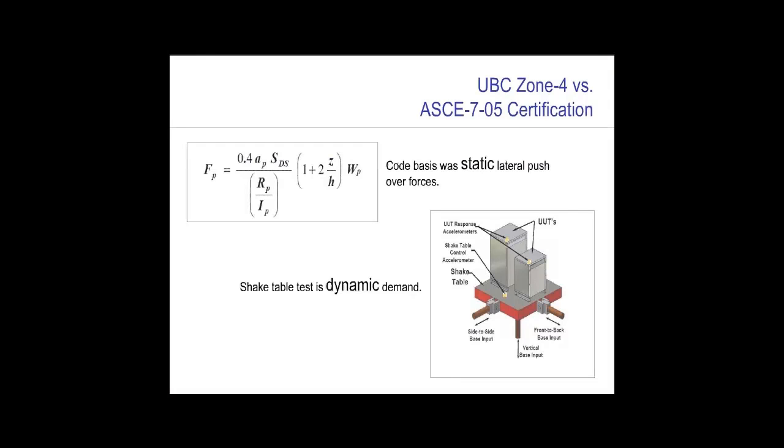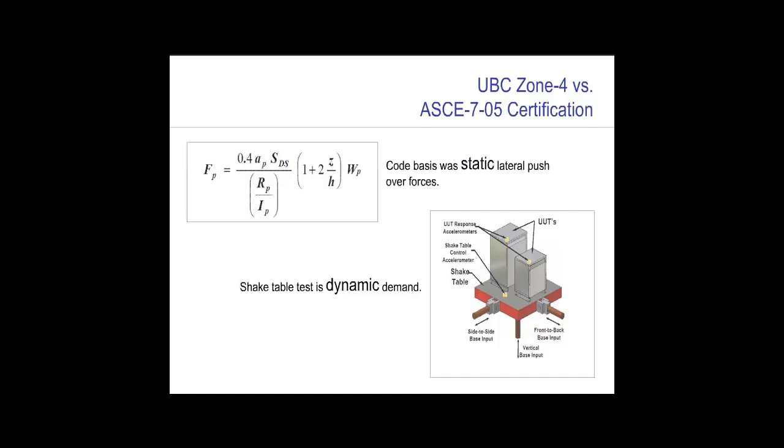Under the old UBC, the calculation method based on static forces was acceptable for providing seismic certification to equipment. This method is no longer valid under the new IBC and CBC for ASCE 7-05 requirements, and thus makes any manufacturer's reference to that standard invalid as the basis for their equipment being seismic qualified.